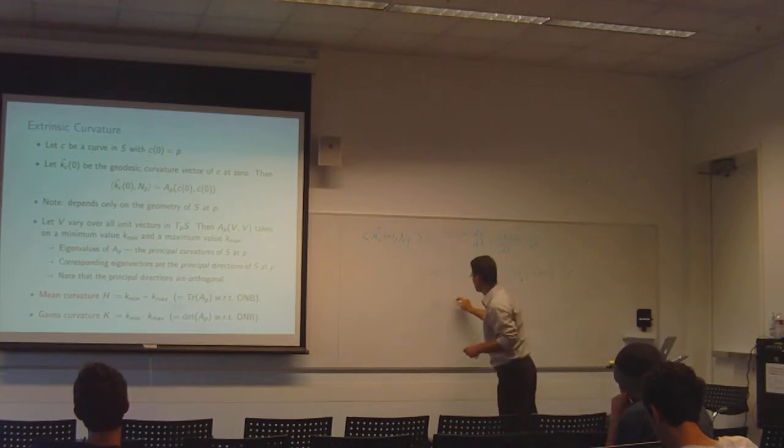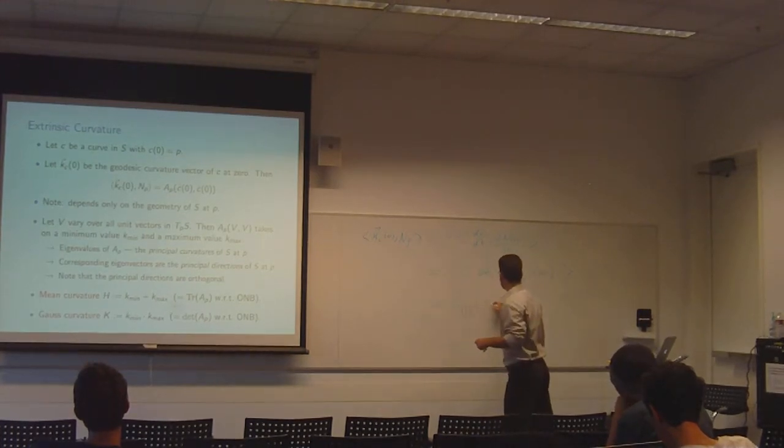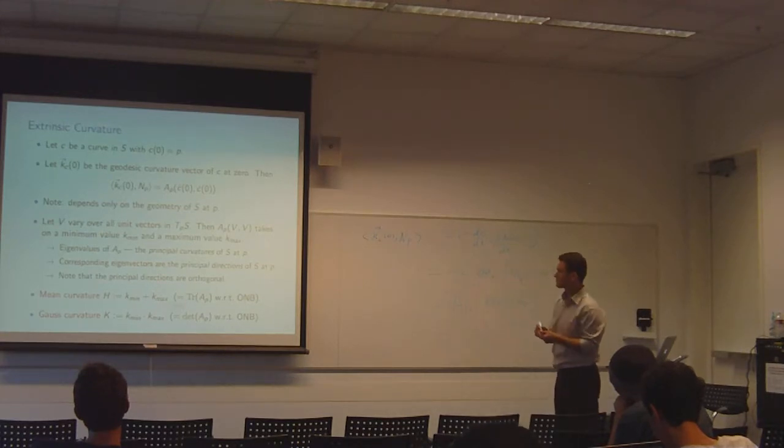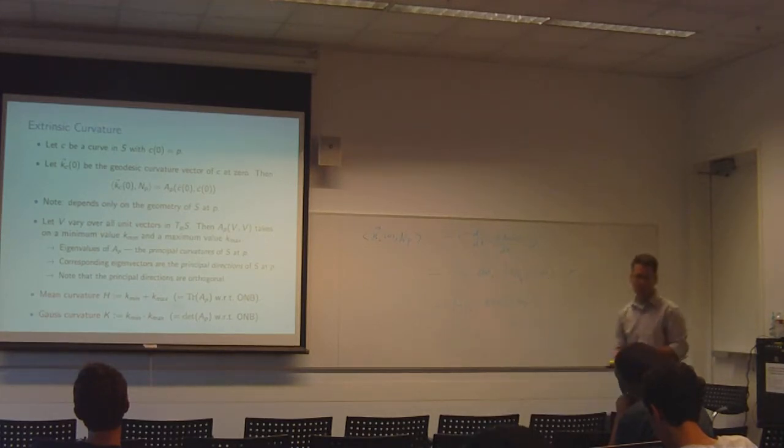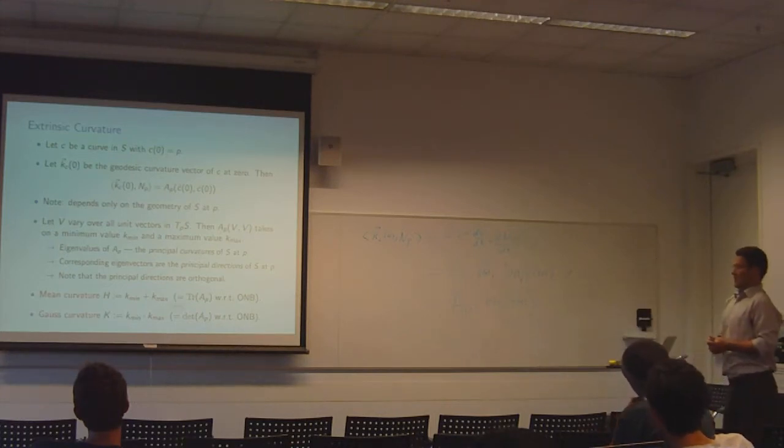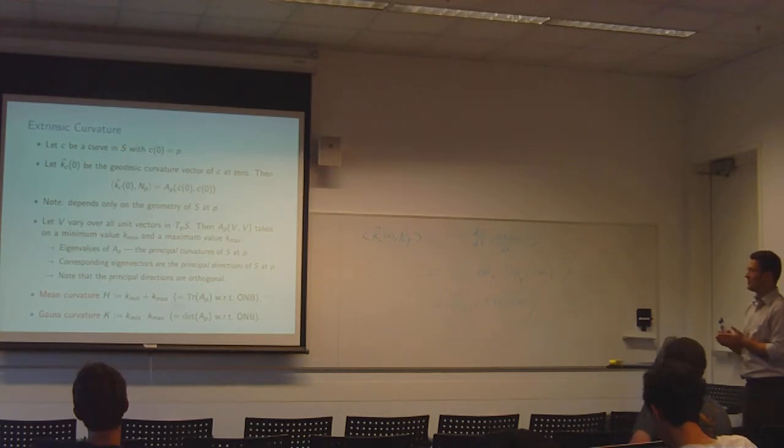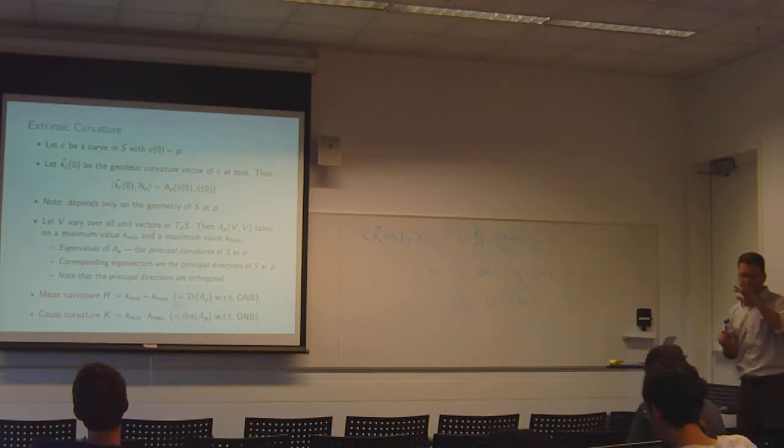Or in other words, it's precisely what's written there. It's the second fundamental form on c dot. So what are we saying? We're saying that the good old-fashioned curvature vector of the curve, from all the way back to lecture 2 of the course, relates to the second fundamental form in this way.